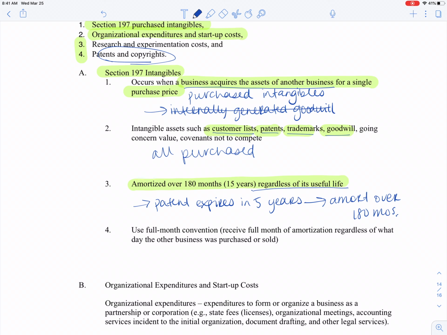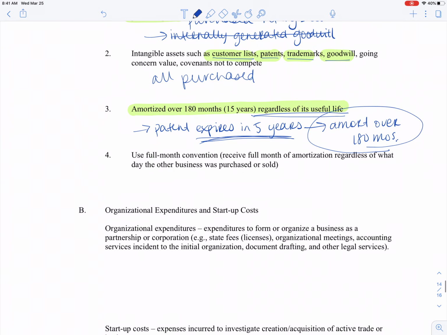Okay, so you'll see these problems where there's this trick where it's telling you there's a patent that expires soon, and you're probably thinking in a financial accounting mode where you're looking at what is the economic reality of what's happening and thinking, okay, I should do an amortization over 5 years. No, when we have these purchased intangibles, we amortize them over 180 months regardless of the useful life.